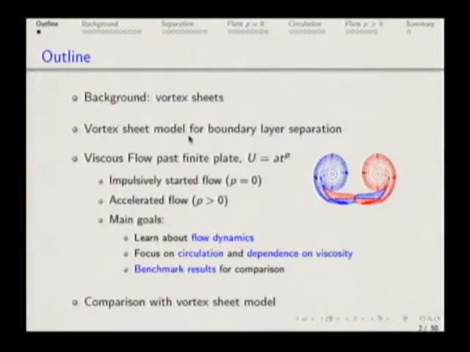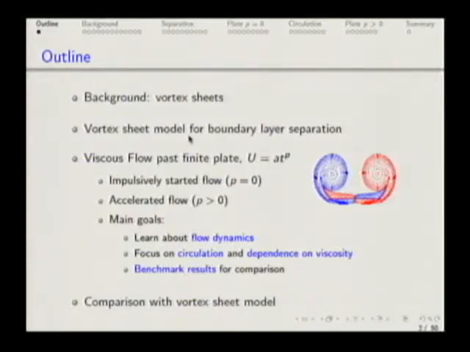I'll spend quite a bit of time on impulsively started flow, then accelerated flows, and the main goals are, again, to learn about the flow dynamics itself. This is such a basic flow, but there's relatively little detail on the early starting flow in the literature. The vortex sheet models are based on approximating the shed circulation, so I'm in particular interested in computing circulation for this viscous flow, so I have a reference to compare with.